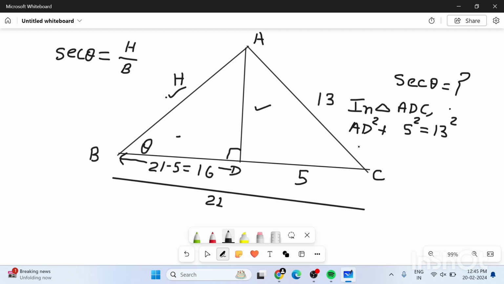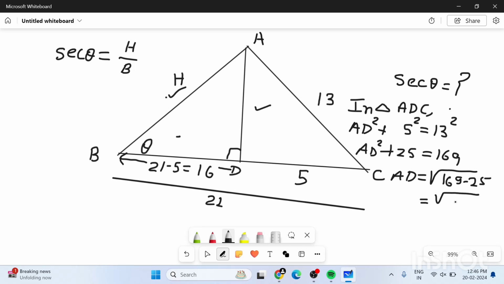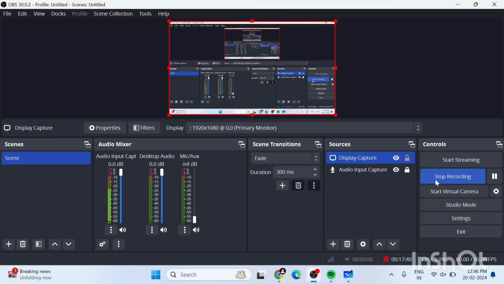So the value of AD can be calculated by simplifying: 13 square is 169. AD is equal to, directly I am writing here, 169 minus 25, which is the square root of 144.